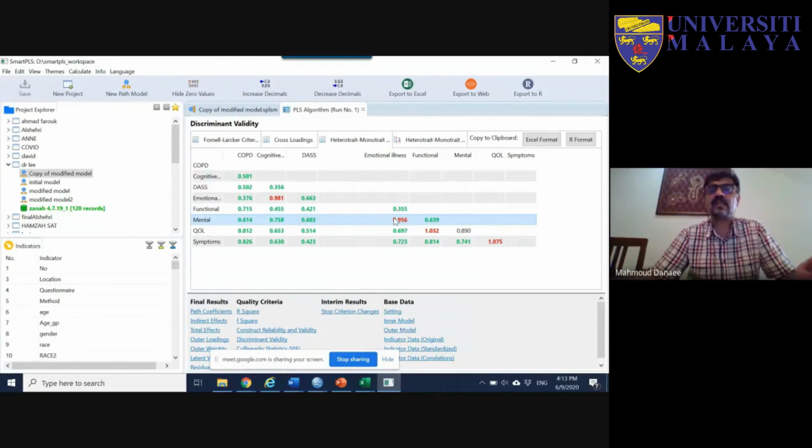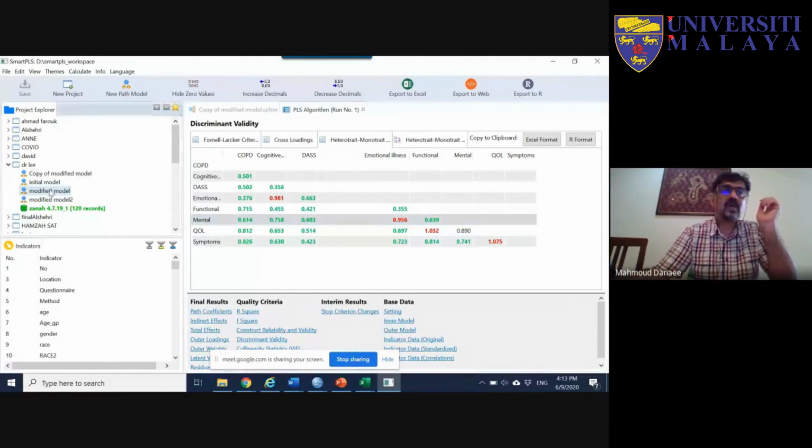They are not discriminant, so it means we have to merge them. Despite the model maybe using these two constructs separately, according to these results, later you want to merge them. So discriminant validity means these two constructs should not be highly correlated. If they are highly correlated, it means they are identical, then you have to mix and merge these two together.